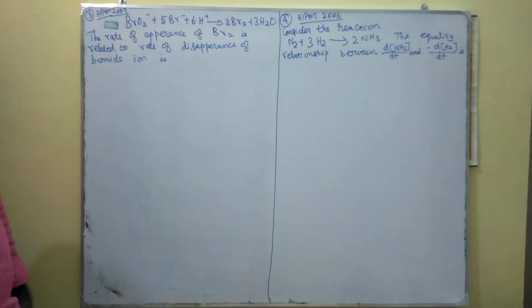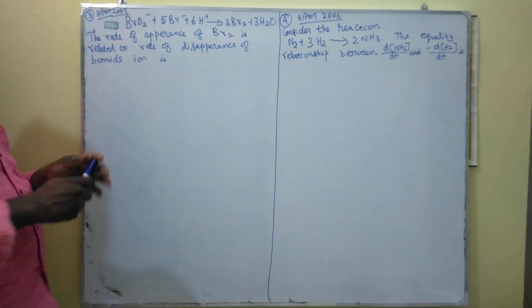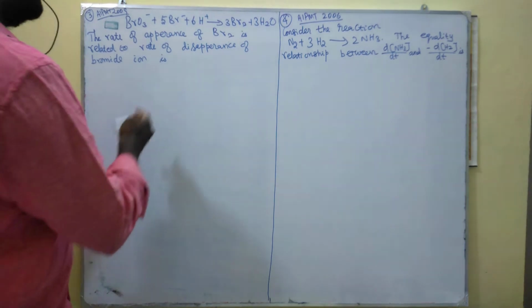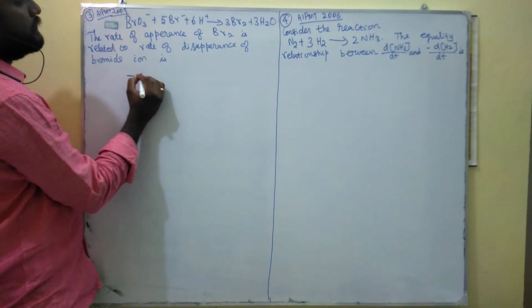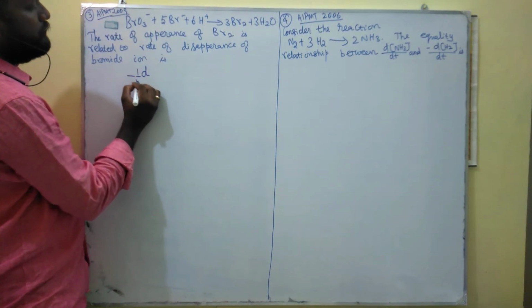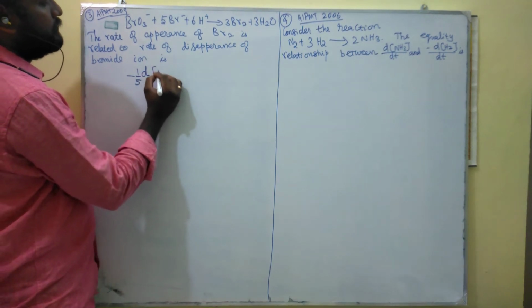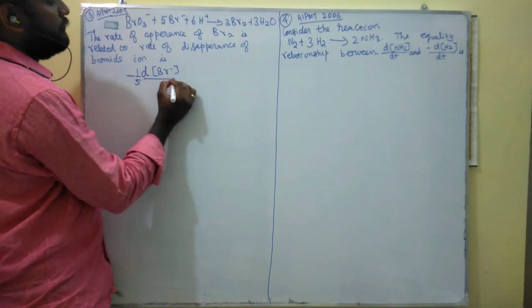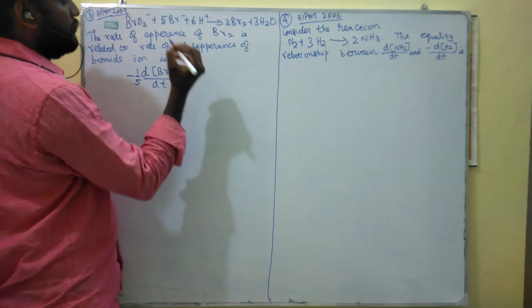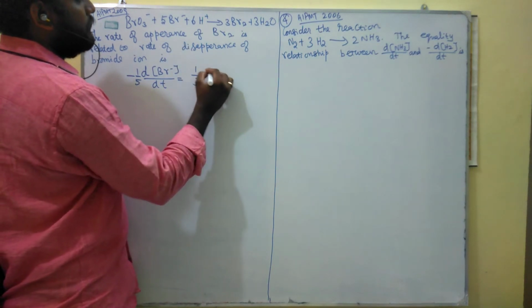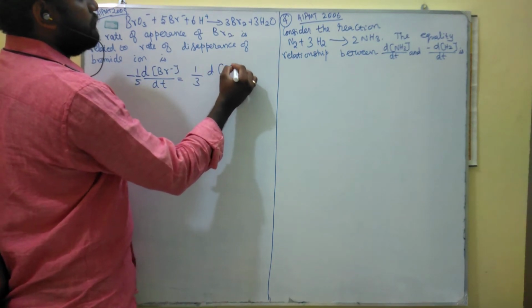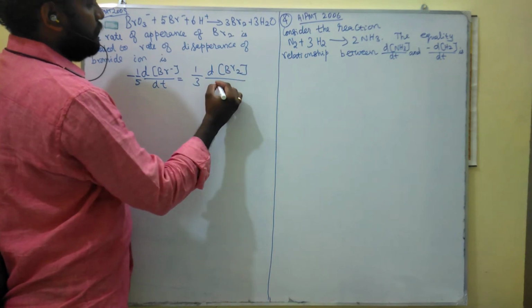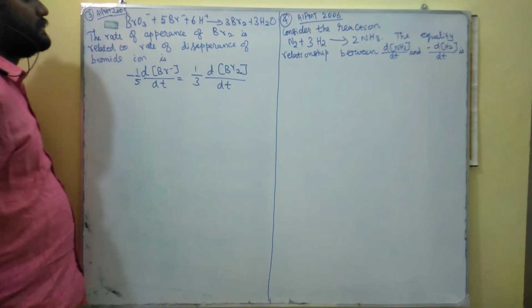So first we have to write the relation. It's a very simple question. Minus 1 by 5 change in concentration of bromide ion with respect to change in time is equal to 1 by 3 change in the concentration of bromine with respect to change in time.